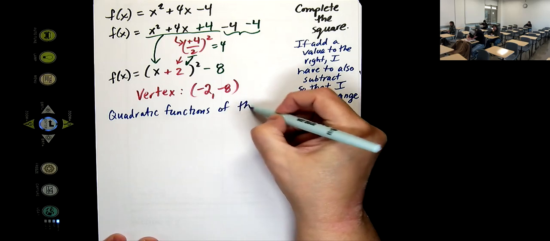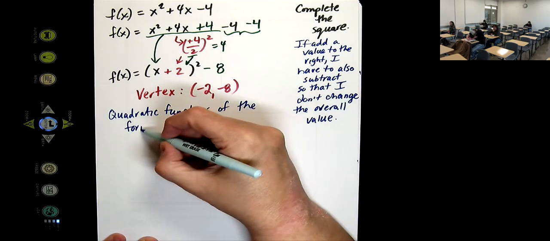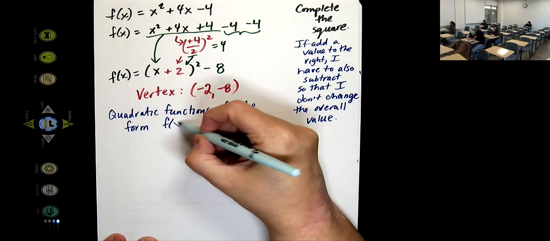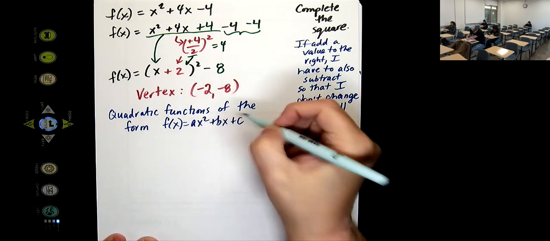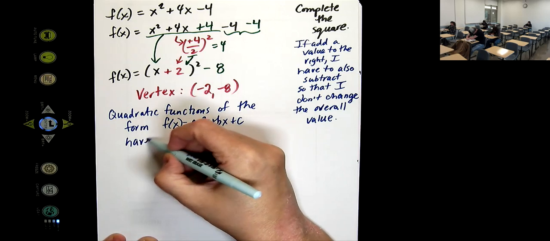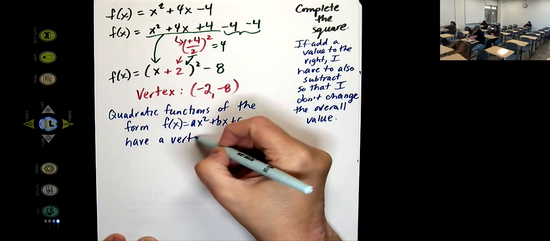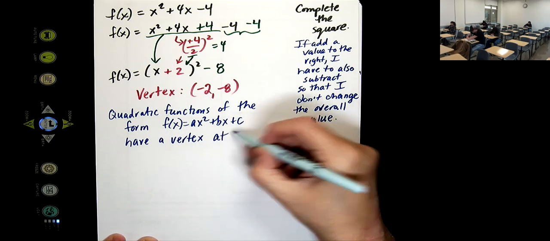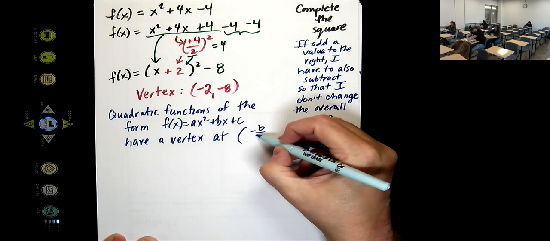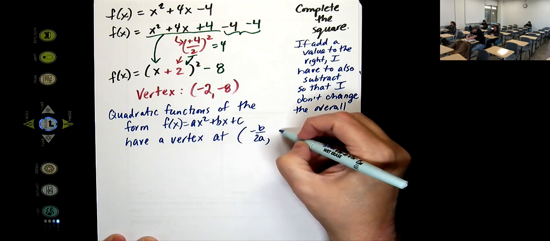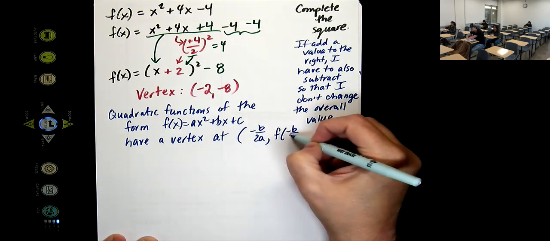of the form f of x equals ax squared plus bx plus c. They have a vertex at -b over 2a, f of -b over 2a.